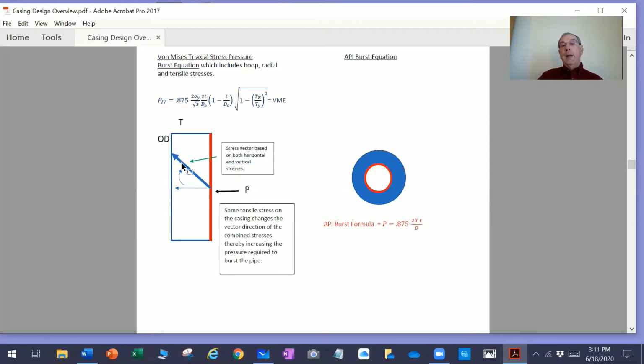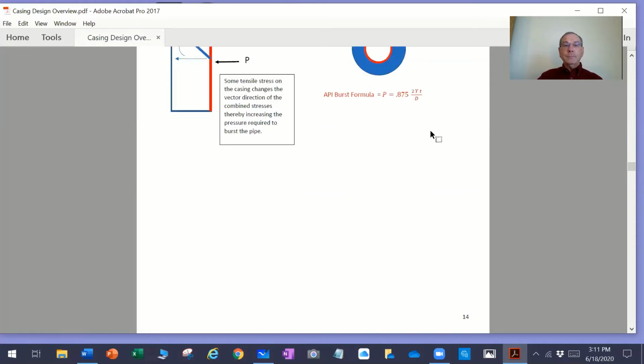A little bit of tensile stress actually increases the burst rating of the pipe, but we do not really take that into account. We can do a lot of sophisticated calculations with this, it just gives us a better comfort factor, but we still do all of our design work based on a very conservative number, and that keeps us safe. It allows us to sleep at night.